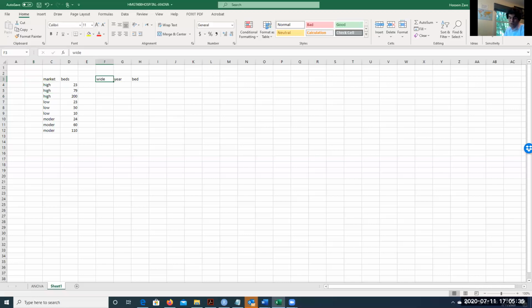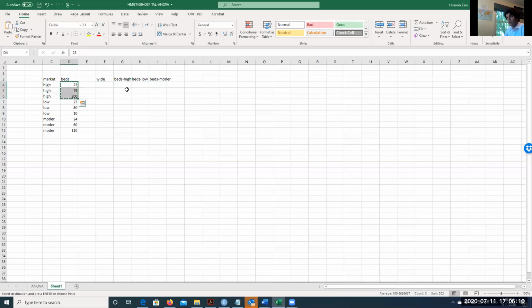But if you want to use the pre-designed ANOVA function in Excel, you should have wide data. The wide data is something like this: you have a column for high, a column for low, and a column for moderate, with three observations for each.